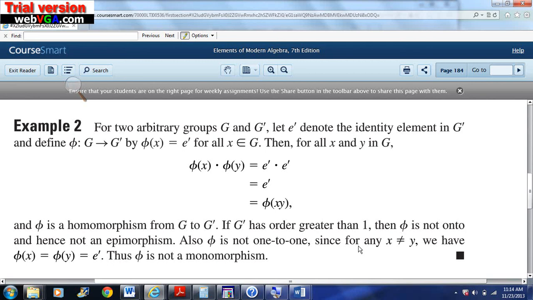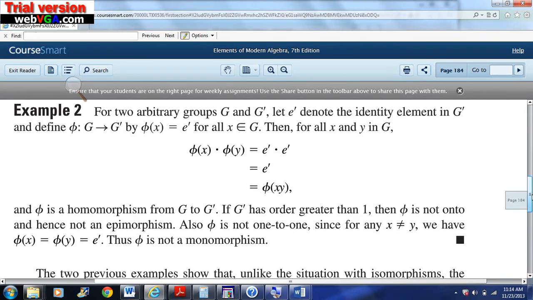But for 1-to-1, if x is not equal to y, then phi x would not be equal to phi y. That's what we have for 1-to-1. Thus phi is not 1-to-1, and thus phi is not a monomorphism.